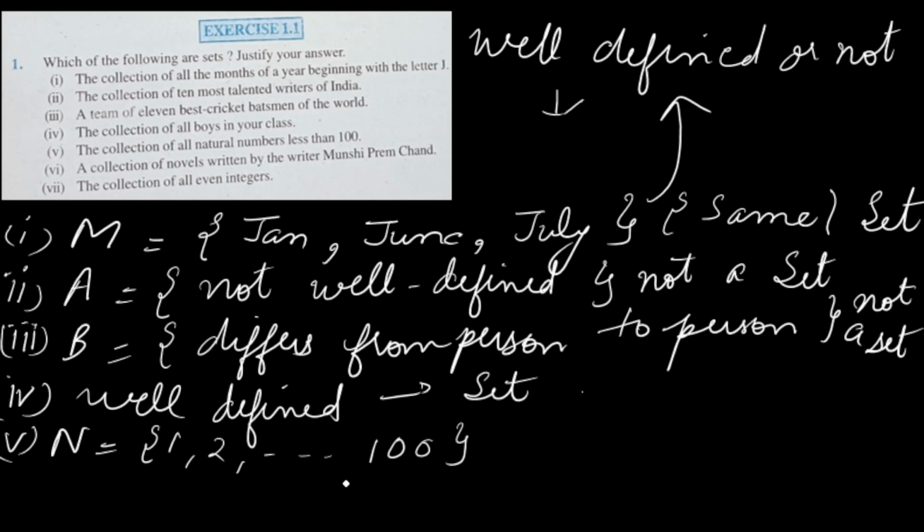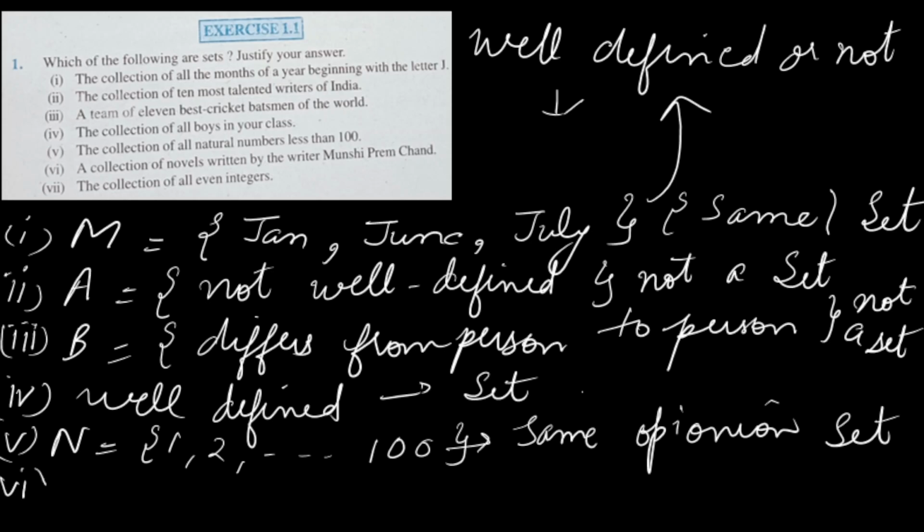So this is also well defined because the elements will always remain this only. It will not change from person to person. So everyone has same opinion regarding this. So that means this is also an example of set. Then the collection of all natural numbers is also a set.